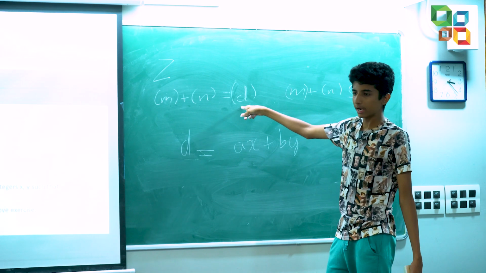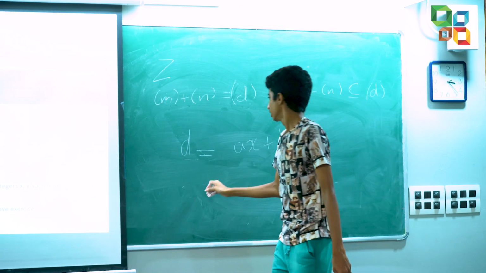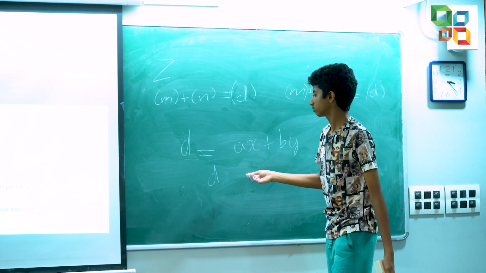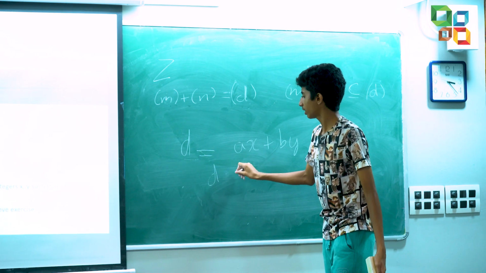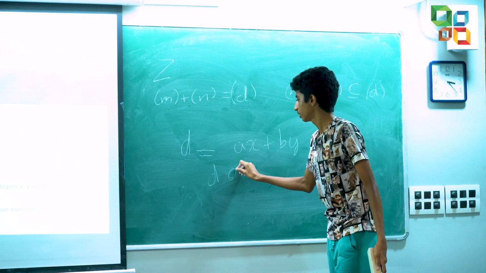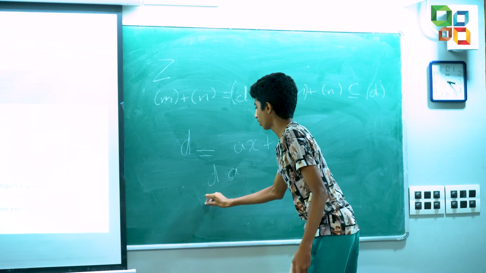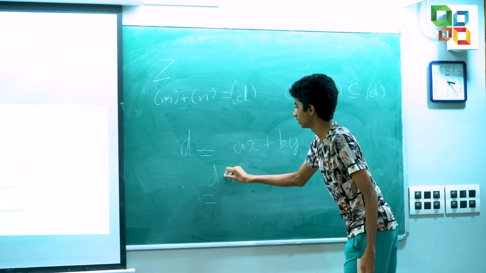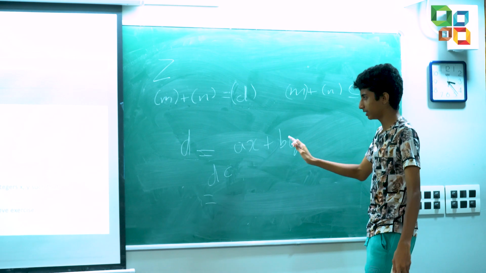And every element in this principal ideal is of the form D times c, for some integer c.